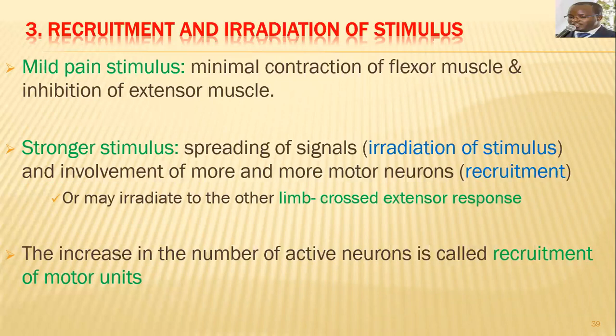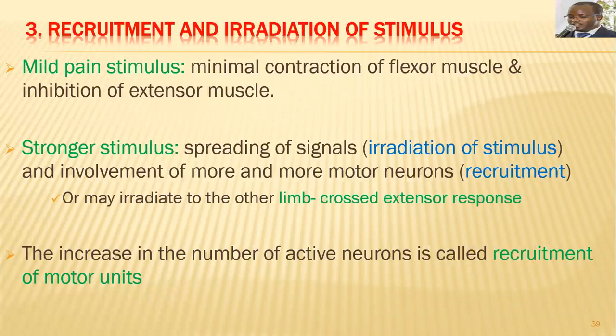But if it's stronger, you're going to recruit more motor neurons so that you have more muscle fibers contracting at the same time. So even the force of flexion, the force of withdrawal from that strong stimulus, is greater.